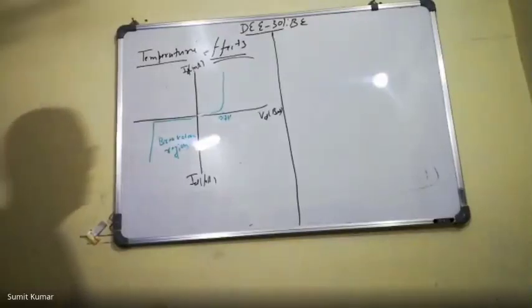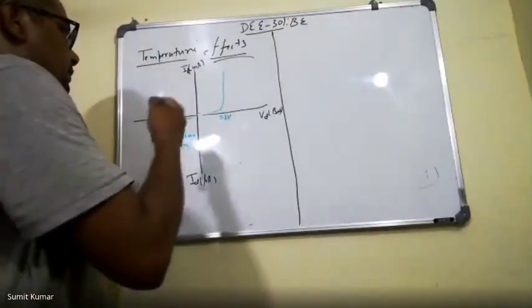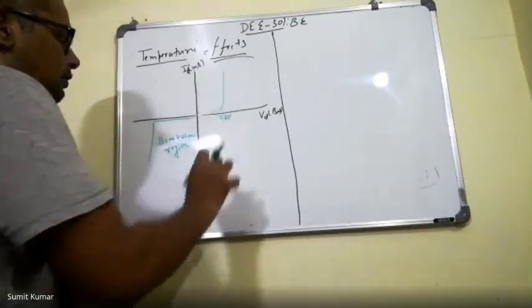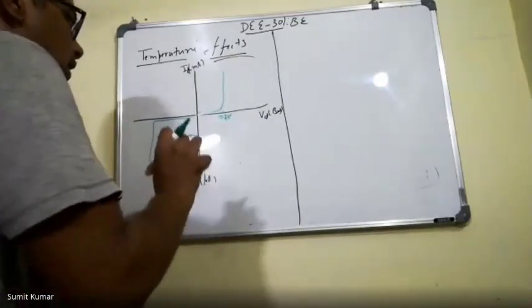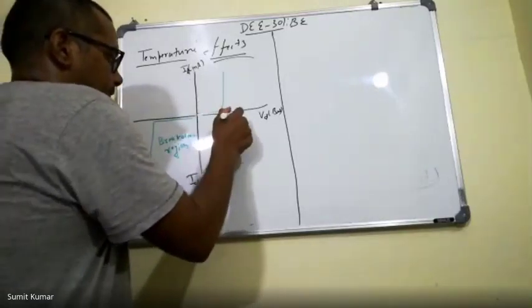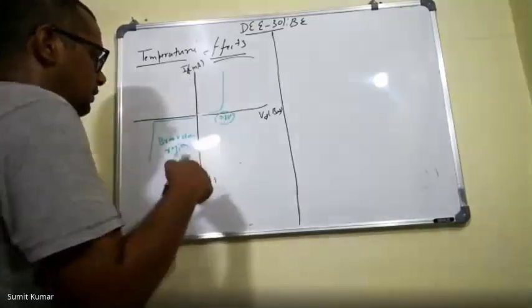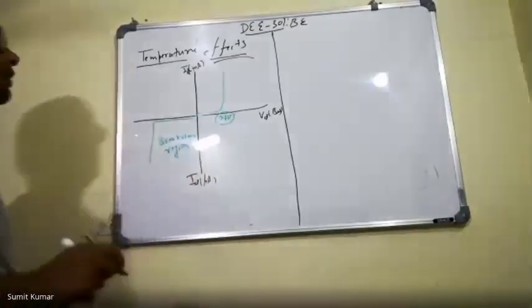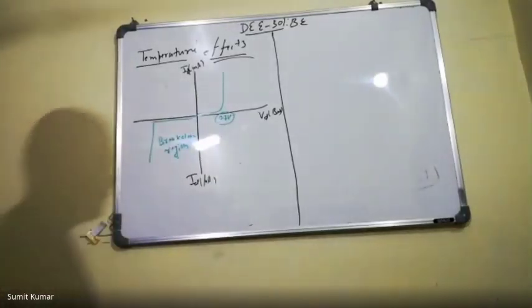What I mean is, if the temperature changes, what will happen to this voltage? And if the temperature increases or decreases, what will happen to this voltage? Okay. So this is experimentally observed.